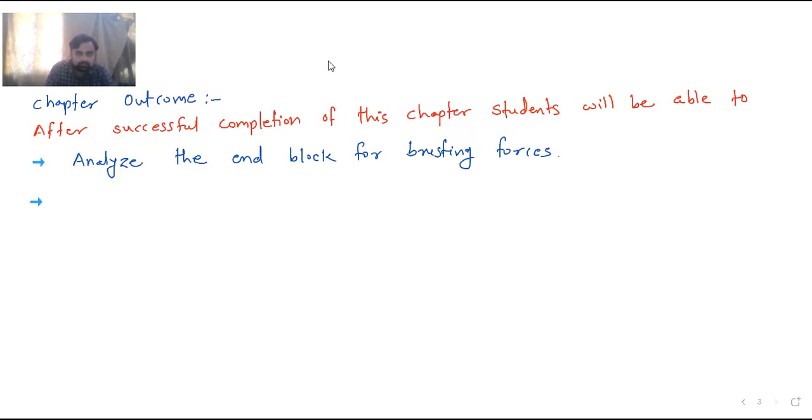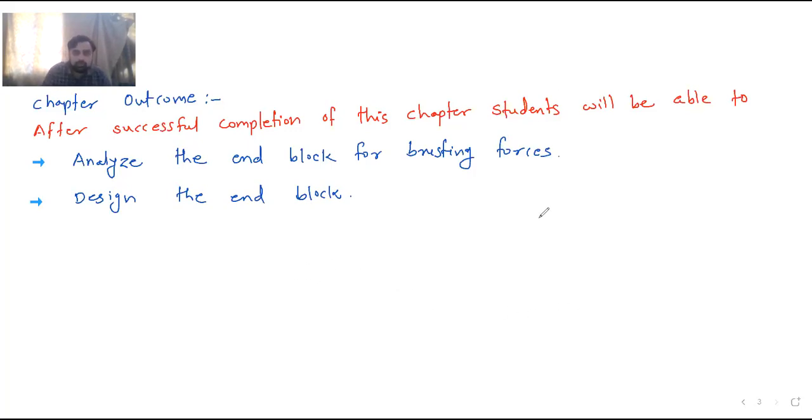Second, design the end block. Students will be able to design the end block. So these are the chapter outcomes of this unit.